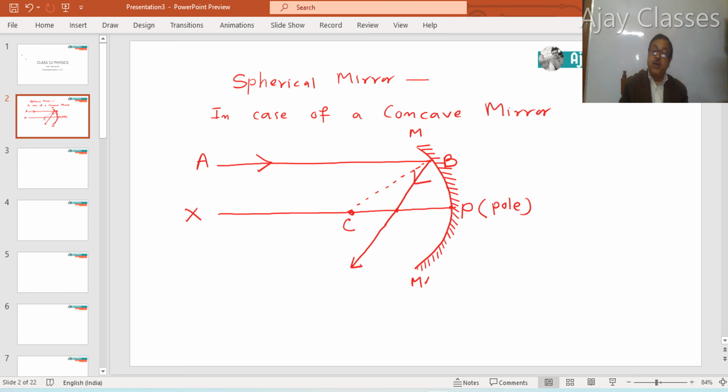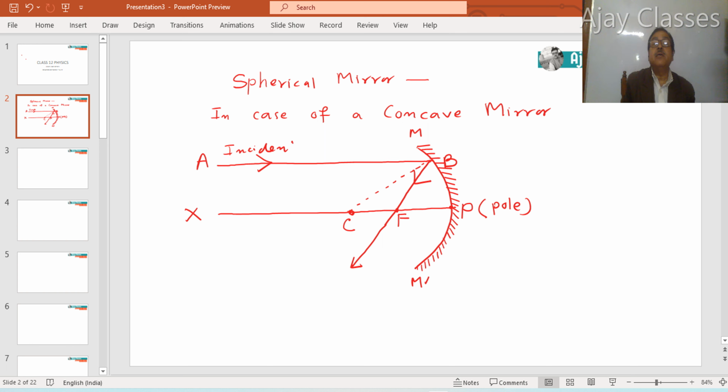B is the point from where the light bounces back, passing through the point called the focus of the concave mirror. So in the case of concave mirrors, M and M dash is the total size of the mirror.